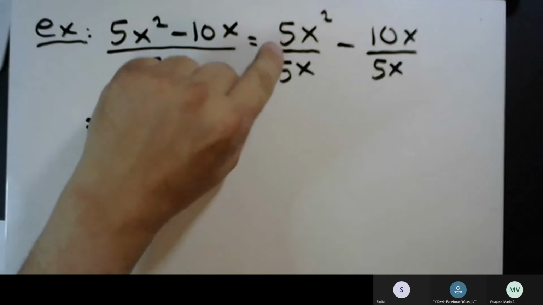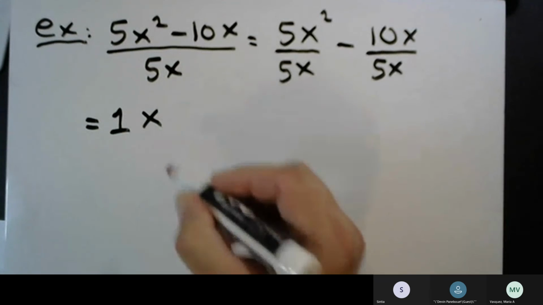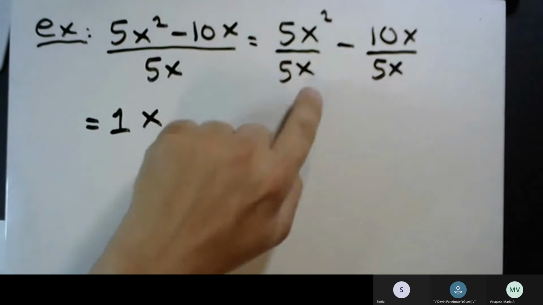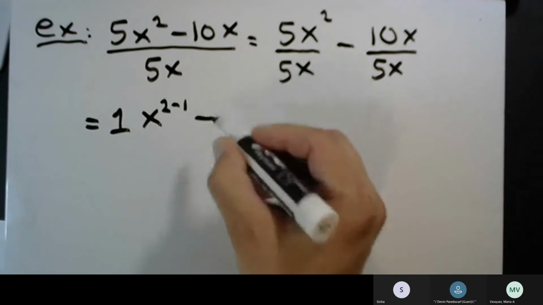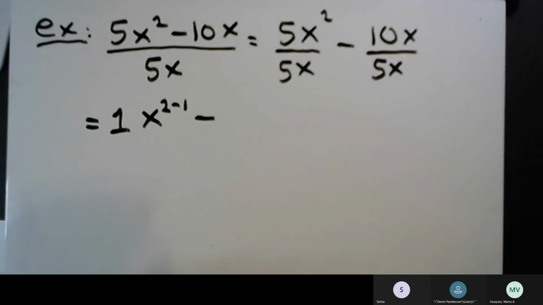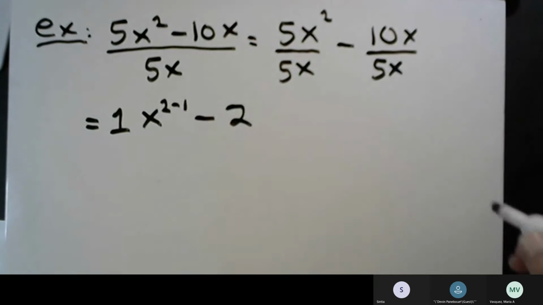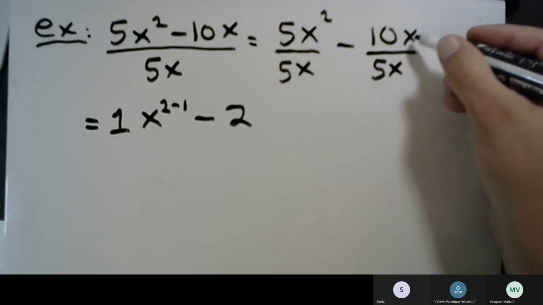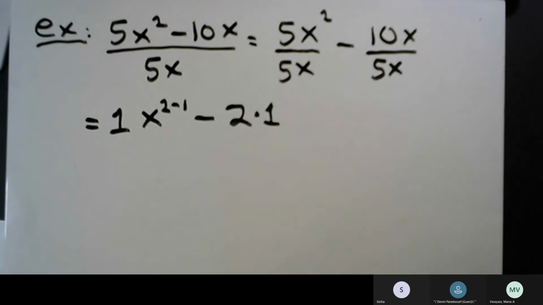So again, 5 divided by 5 is 1. X squared over x, 2 minus 1. 10 divided by 5 is 2. And then the x's cancel out. X divided by x, that's just 1. We're dividing it by itself.